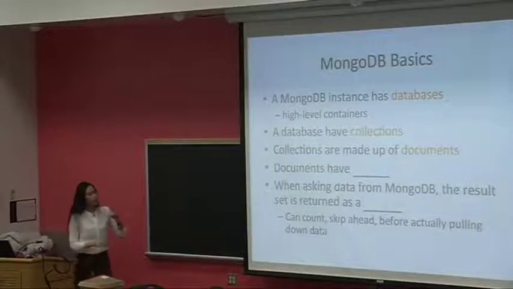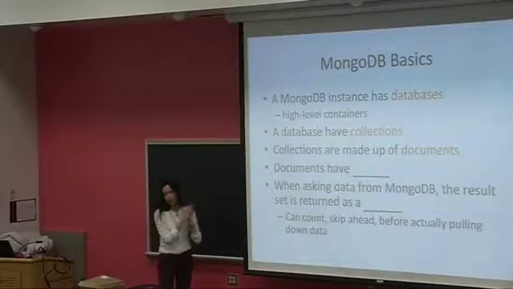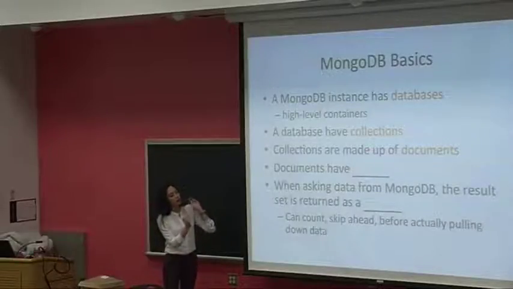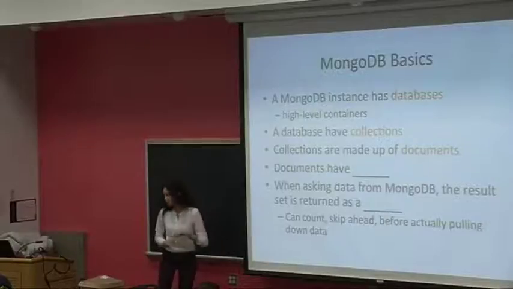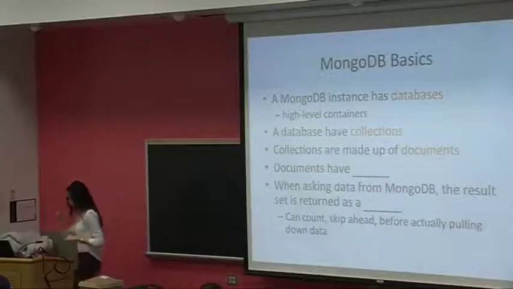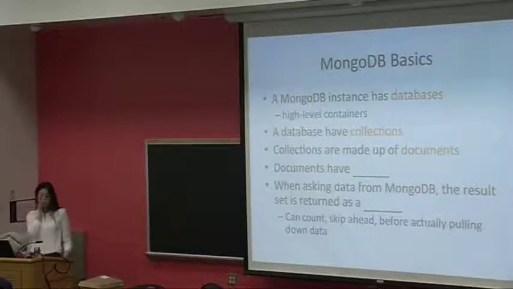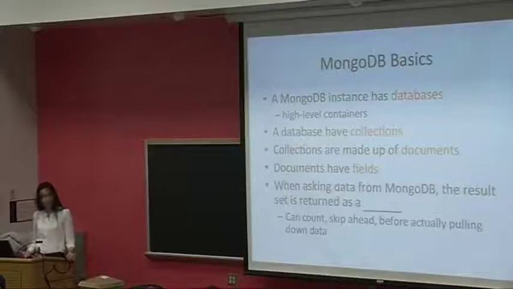So earlier, whenever we used curly braces to put things together, that's a document. For documents, you can think of them as the rows in SQL. Okay, rows in the table. And documents have fields. This is the same, right? Same as in SQL.